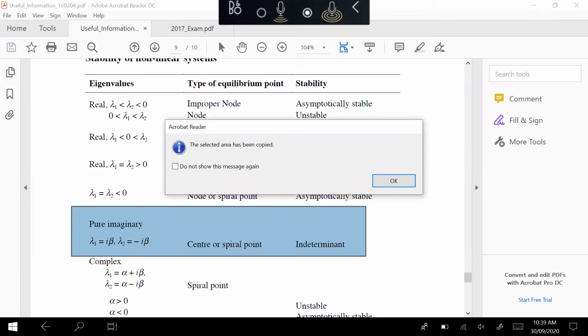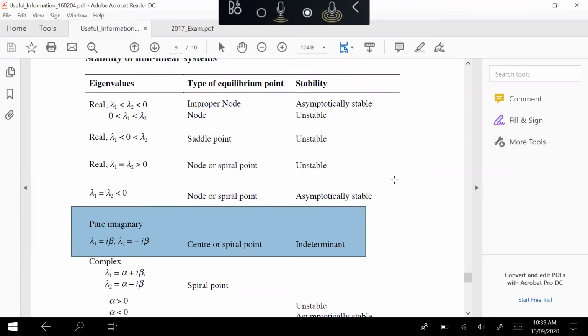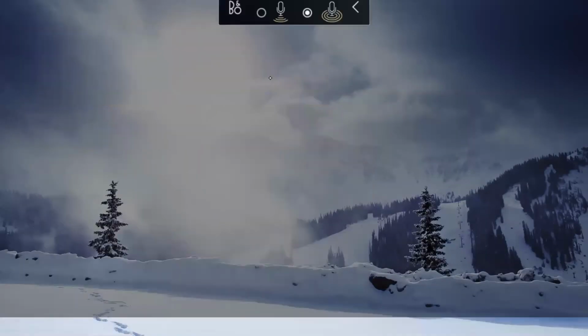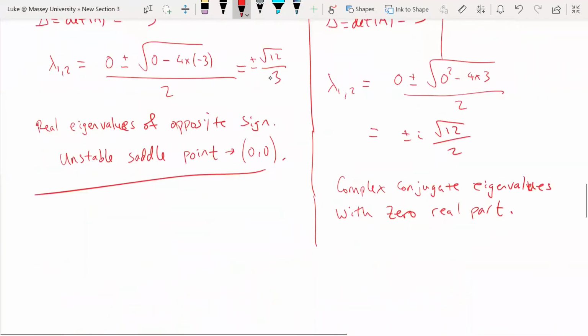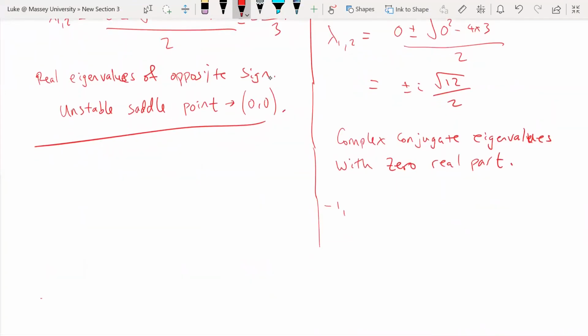So this point, -1, -1, is either a center or a spiral point of unknown stability.